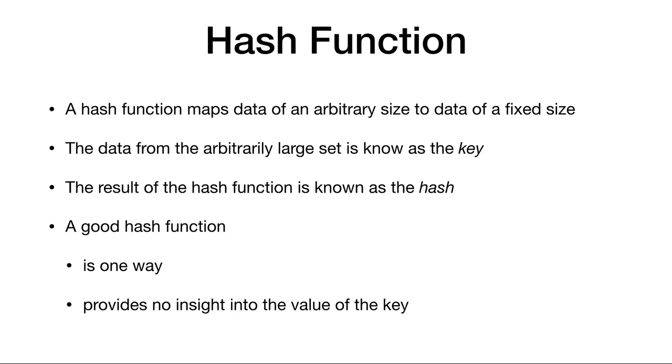The data from the arbitrarily large set is known as the key, and the result of the hash function is known as the hash. So for this function that takes any string and returns a value between 0 and 1,000, the key could be Colin, C-O-L-I-N, and then the hash could be 497 or something.